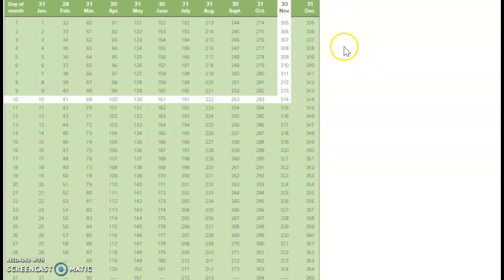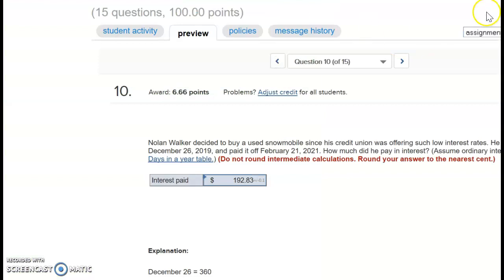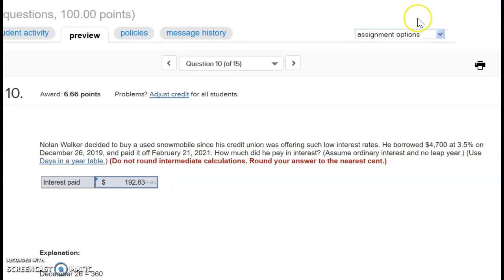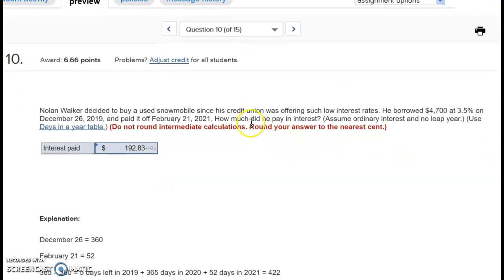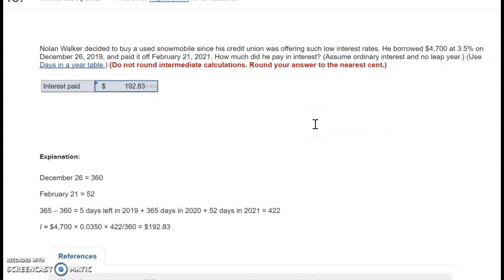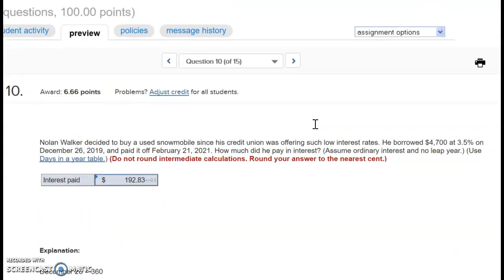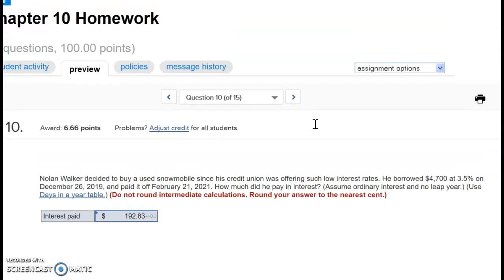Okay? All right. So that is the main thing in this problem, just be careful with those days. Also with rounding, okay? You may need to go back and do some practice on rounding. If you need assistance with rounding, please let me know and we can go over that.